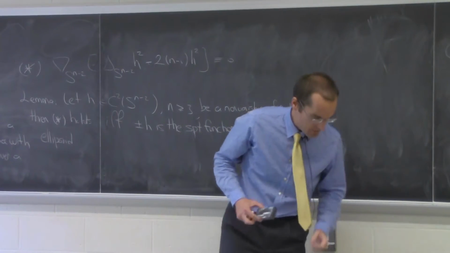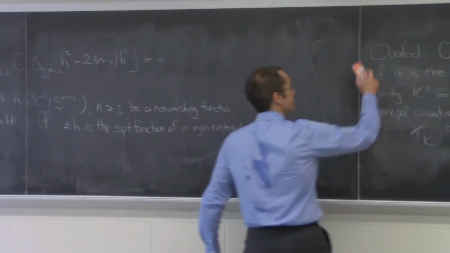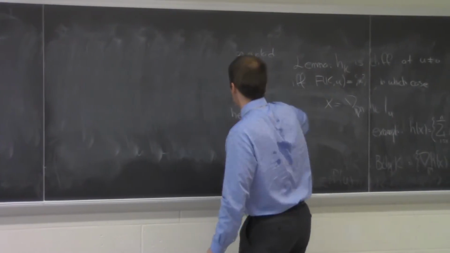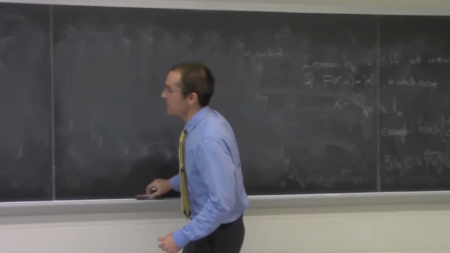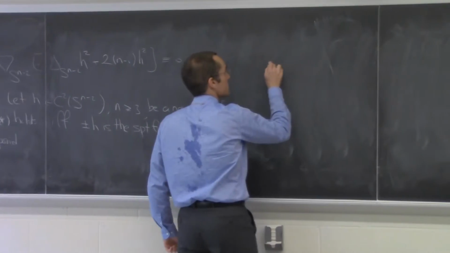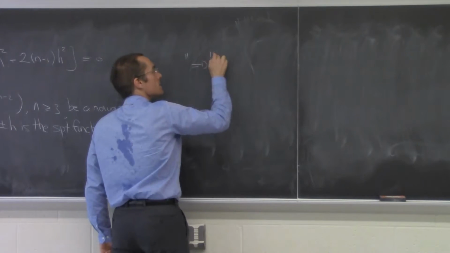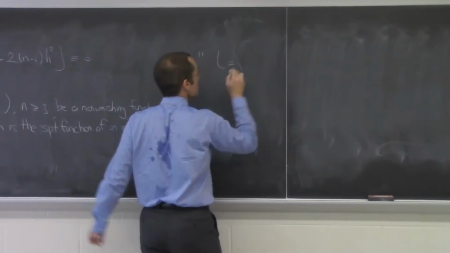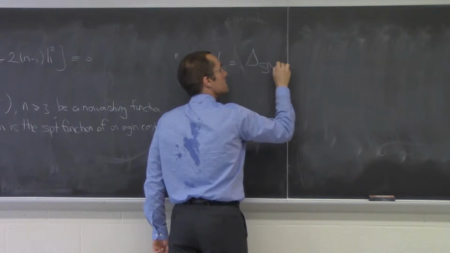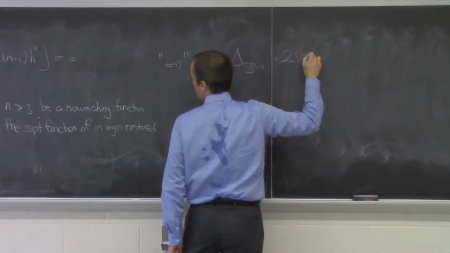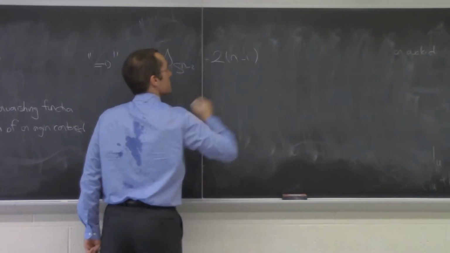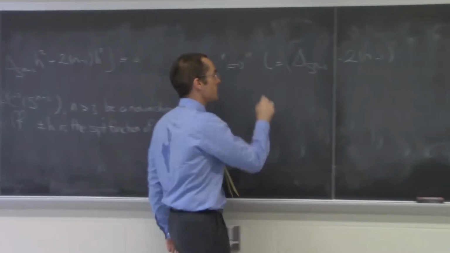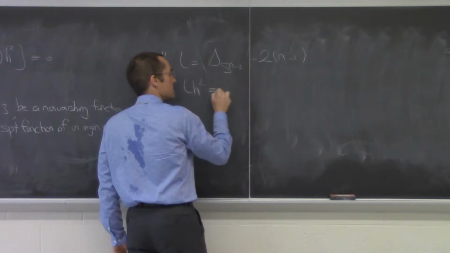I have 20 minutes, no? Yes. Okay. So let's look at the other implication. Let me denote this L on the sphere S^(n-1). So this just means L of h squared is constant.